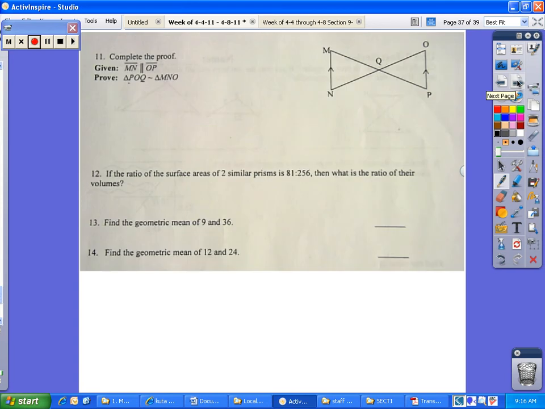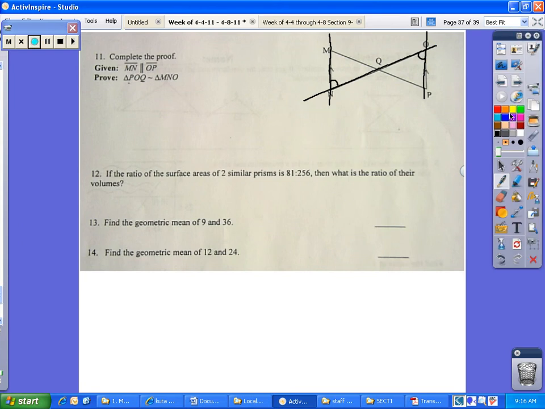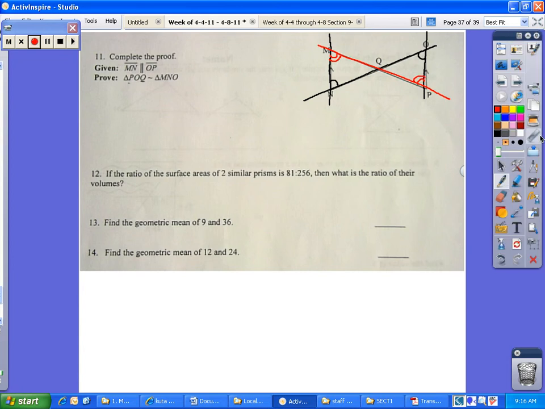Number 11, your proof. In this proof, we know that MN is parallel to OP. Since those two lines are parallel and this is a transversal, I know that this angle is congruent to this angle by alternate interior angles. Also, this is a transversal to those two parallel lines, so this angle is congruent to this angle also by alternate interior angles.